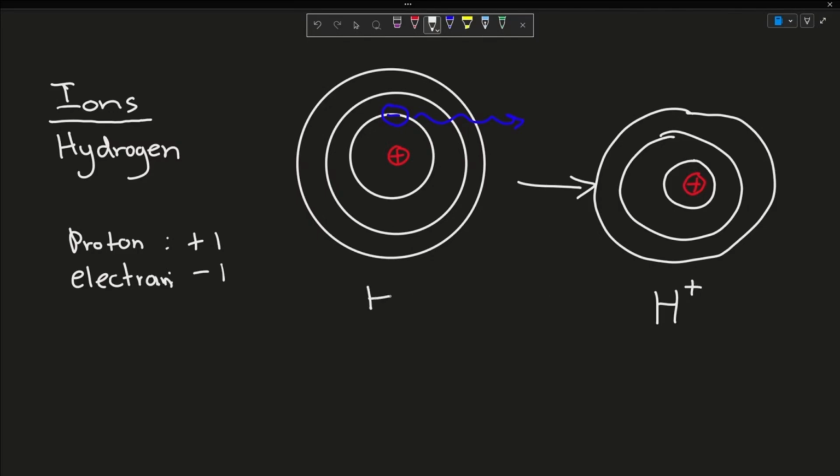And then we just have our standard hydrogen over here, which is with its neutral charge. Now, certain atoms have a tendency to either gain or lose electrons. We will go into the reasons for this later, but just keep that in mind.